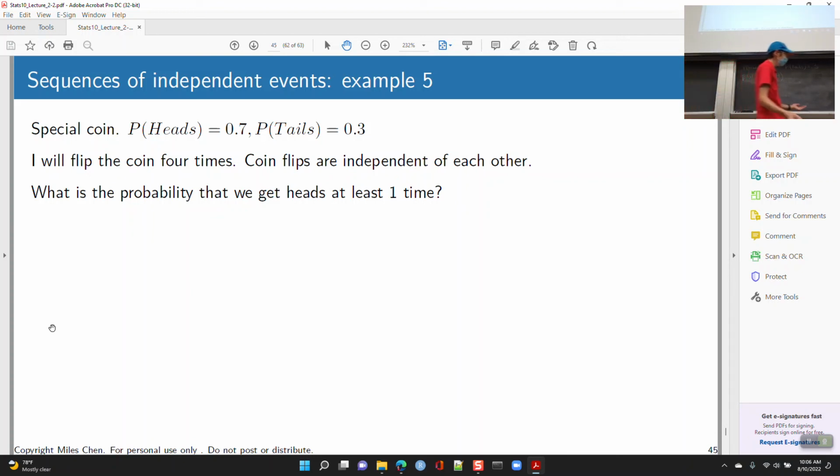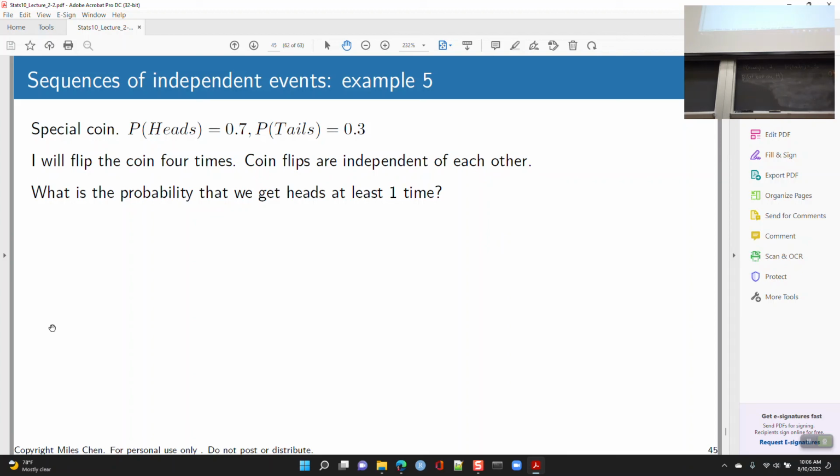So we could think about what could happen. Possible outcomes. Okay, and there's a lot. With 4 flips, there's 16 possible sequences, but we could kind of categorize them.